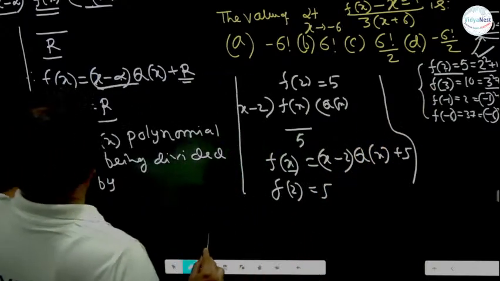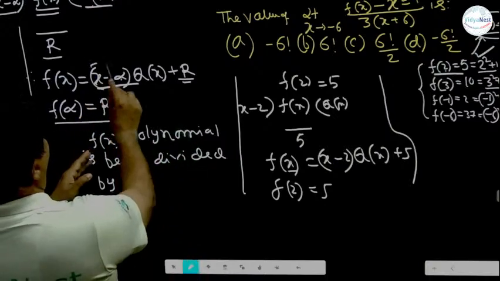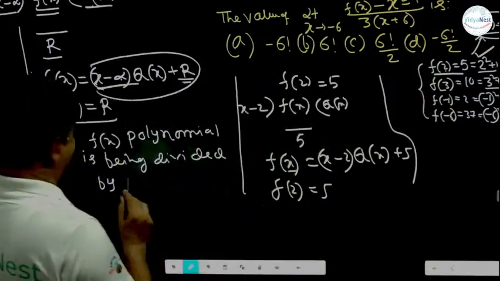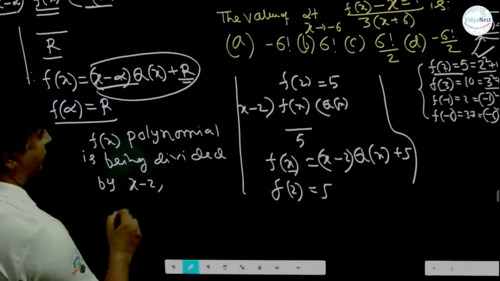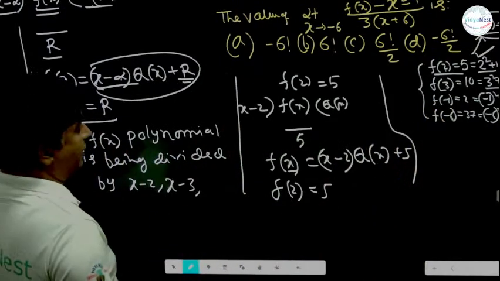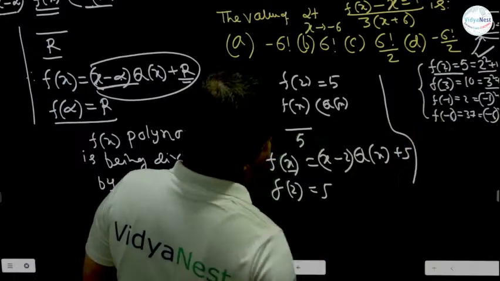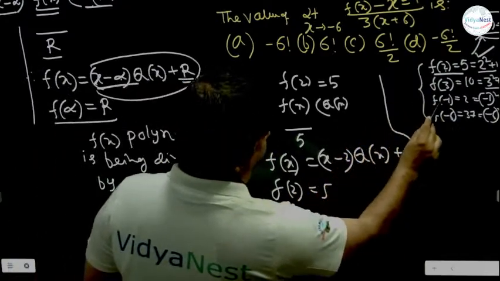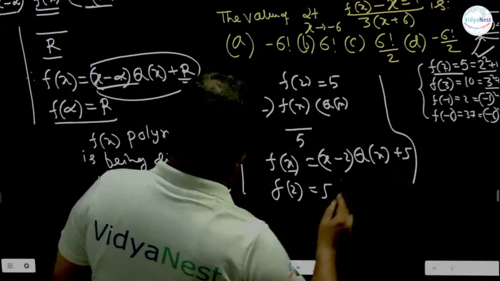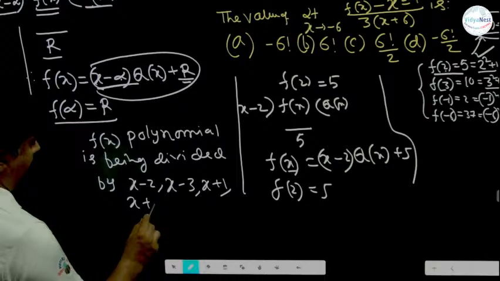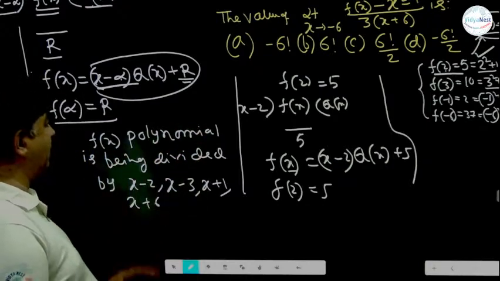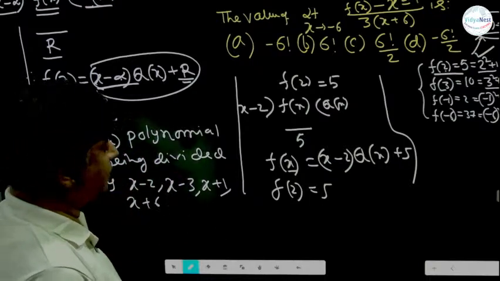You see, f(alpha) is r, that means it was divided by x minus alpha. f(2) is 5, that means by x minus 2. f(3) is 10, that means x minus 3. f(minus 1), x plus 1. f(minus 6), x plus 6. That means the polynomial is being divided by these factors. Yes or no?